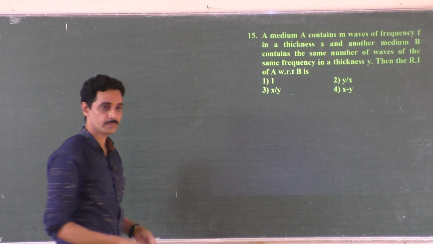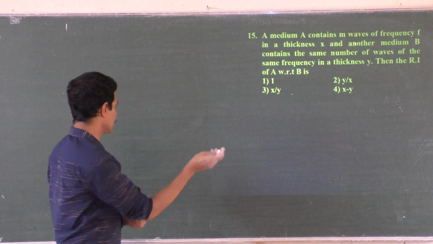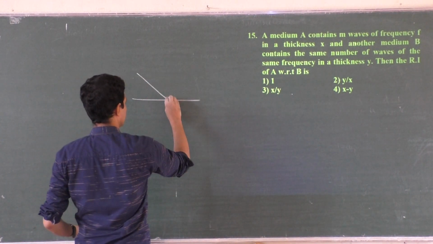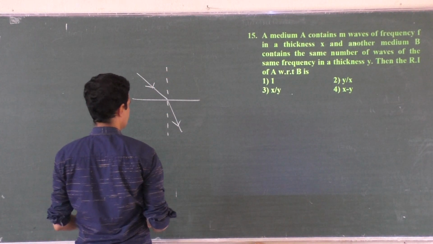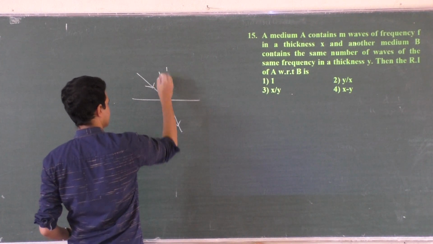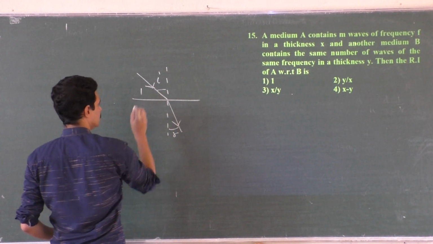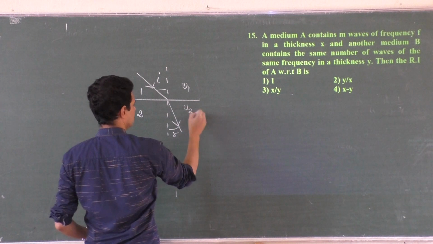Now whenever a ray of light undergoes refraction from one medium to another, it changes direction because of the change in speed, and there is a change in the refractive index of the medium. We call these i and r, velocities v1, v2.